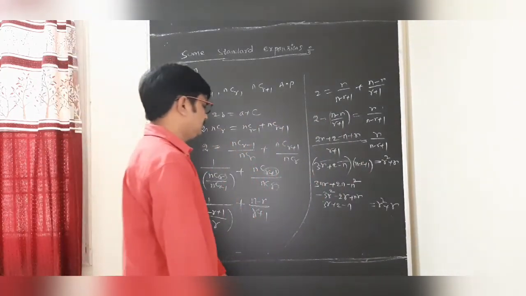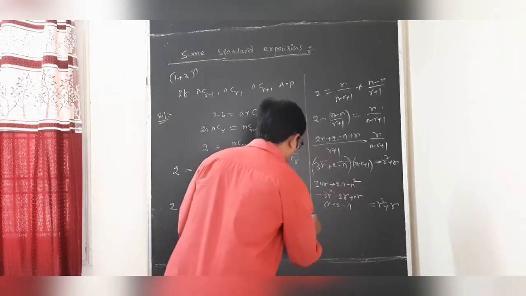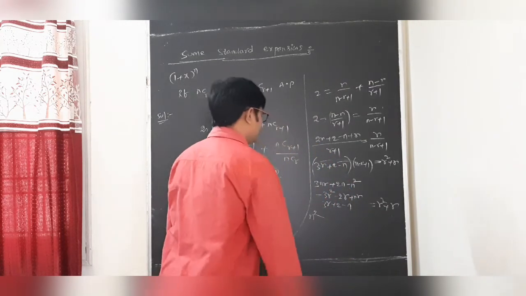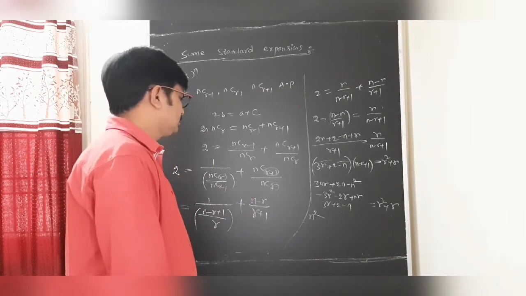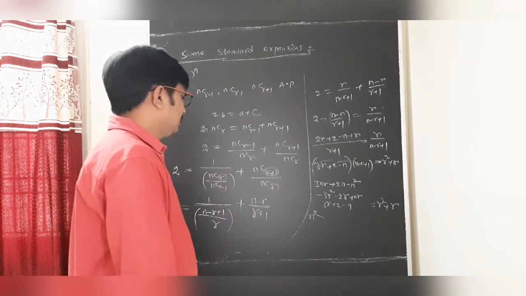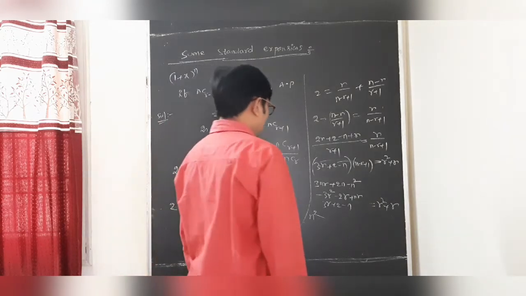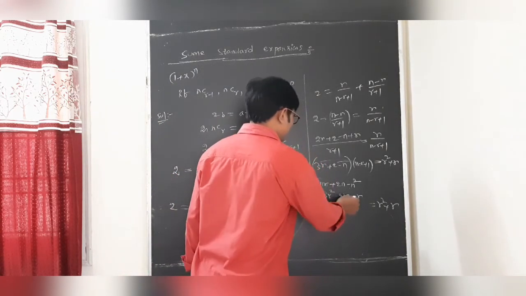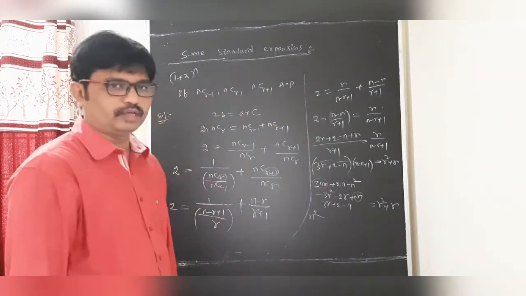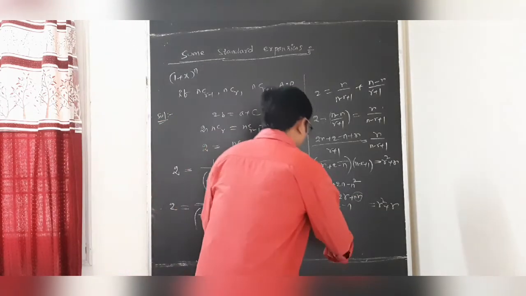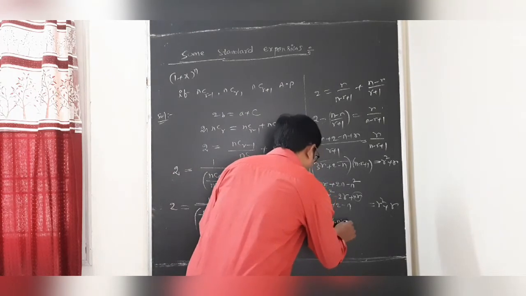Now minus n square is sent to the other side, plus n square. After that students, we can observe here 3nr plus nr. Sending to the other side, that is minus 4nr.